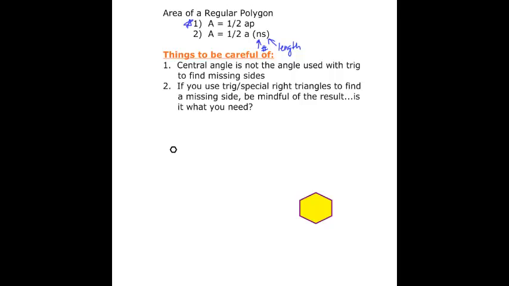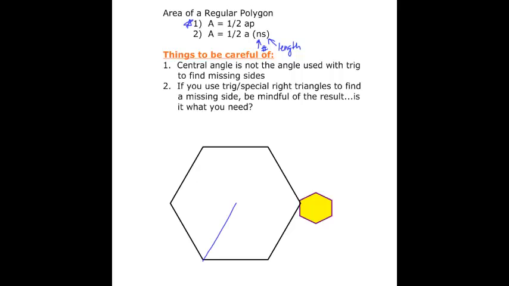For instance, we like the 6-sided, because if I have a 6-sided figure, think about what happens when I draw this triangle. 360 divided by n, in this case 6, gives me a 60-degree angle here. And lo and behold, when I drop my apothem there, it becomes a 30, 60, 90 right triangle. And so we can use our relationships there to get any length that is missing. But you have to remember how this is being used. Often students will mistake this 60 or the 30. You have to be very mindful of what you're doing here.